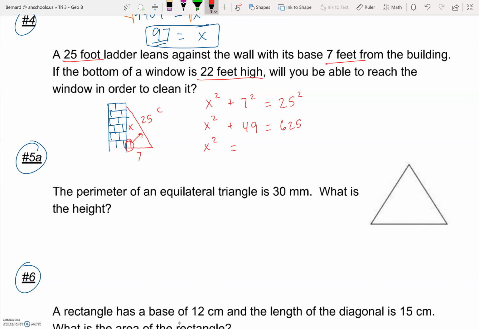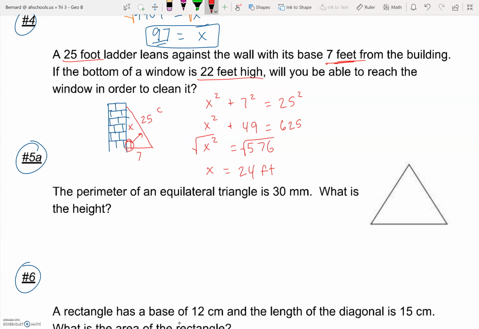So x squared is going to equal 576. And take the square root of both sides, and we get that x equals 24. Remember, it is feet, so 24 feet. So the question is, can the ladder reach a window that's 22 feet high if it's a 25-foot ladder and it's 7 feet from the building?